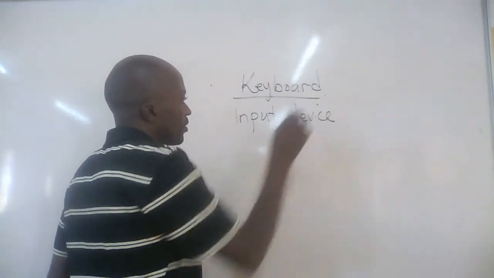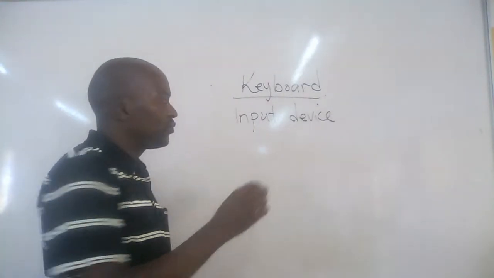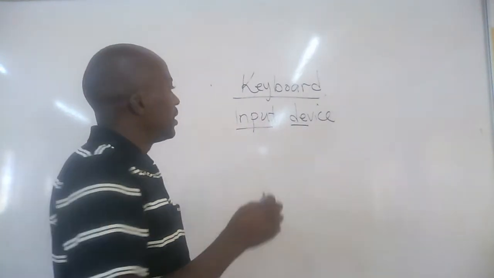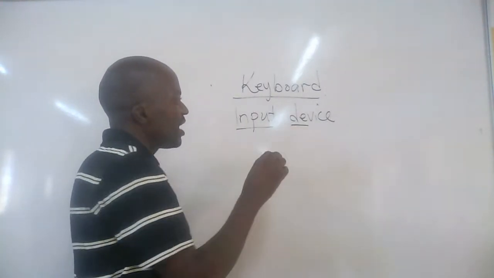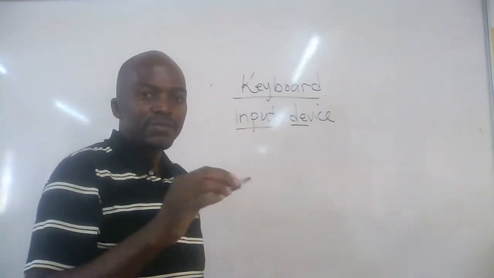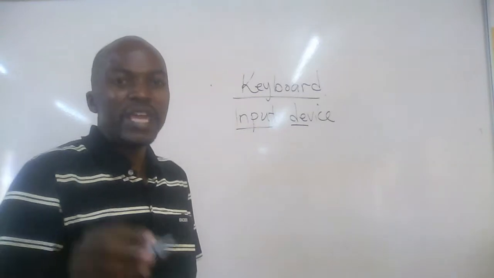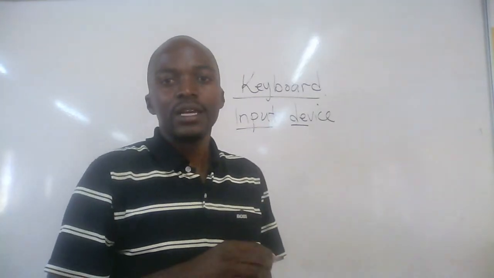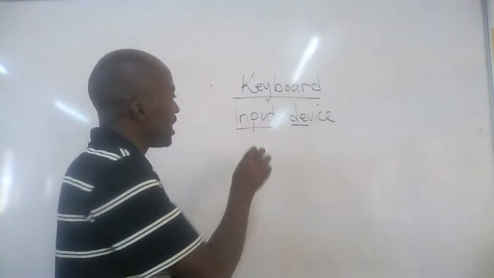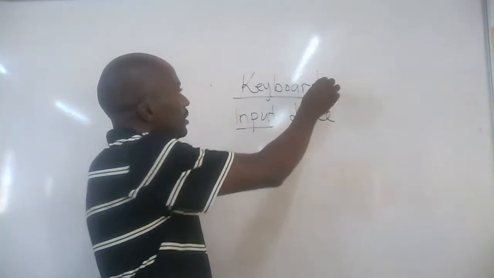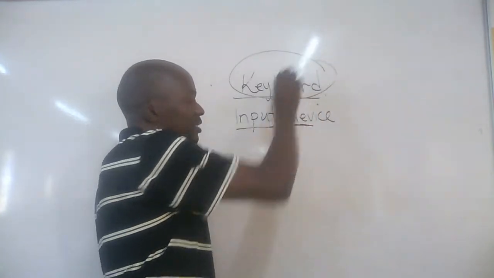Now, what we mean by input device is that any device or any part of the computer, or anything that we use to enter data or information in the computer, is called an input device. So the keyboard is an input device.